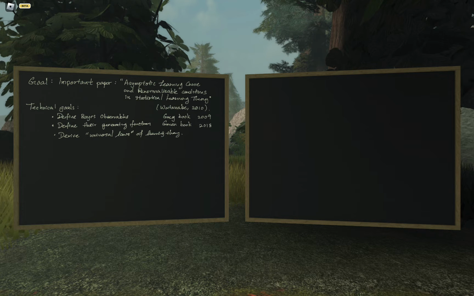And there's a conceptual goal, which is explaining some of the word choices above.